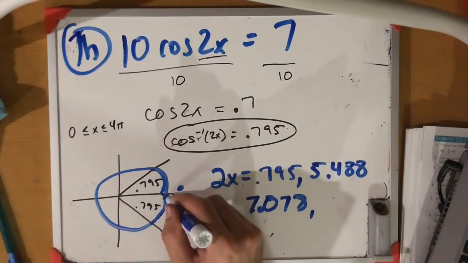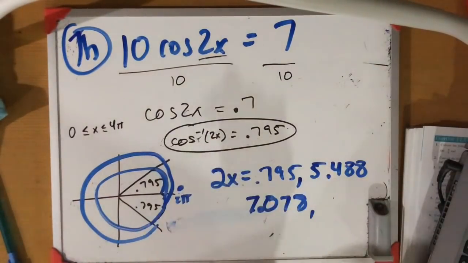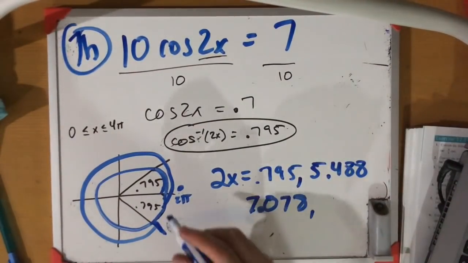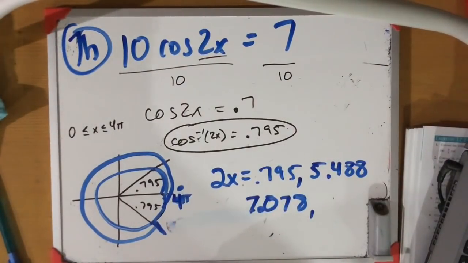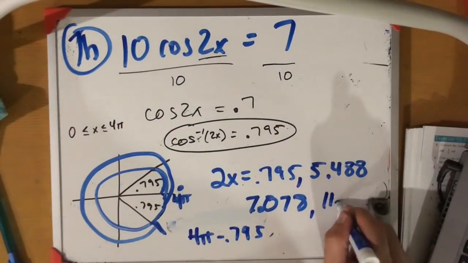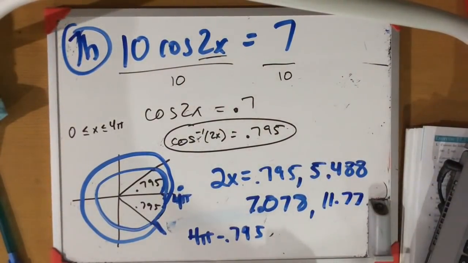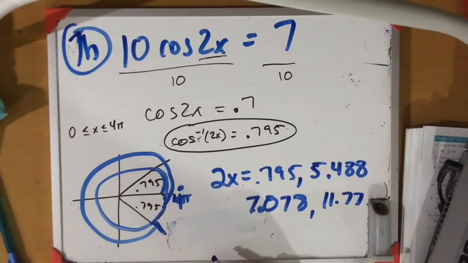Again, I'm going around this twice, so we're going to hit this once more. Well, what is that angle? The fact that we're going around this twice means that instead of 360 or 2 pi, now this is 4 pi, 720. We'll just do 4 pi minus 0.795. We get 11.77. All right, so we have all our values equivalent to 2x. We have to divide each of them by 2.